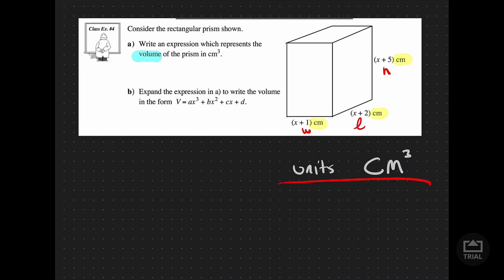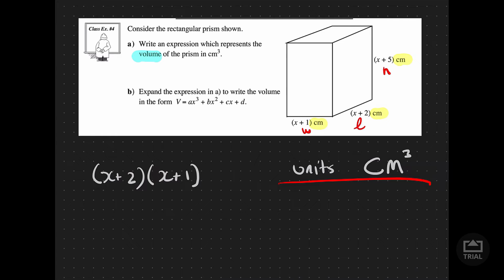Okay, so let's multiply the length times the width right now. So I've got x plus 2, and I'm going to multiply that to x plus 1. First of all, I'm going to deal with those two binomials just by expanding this out.